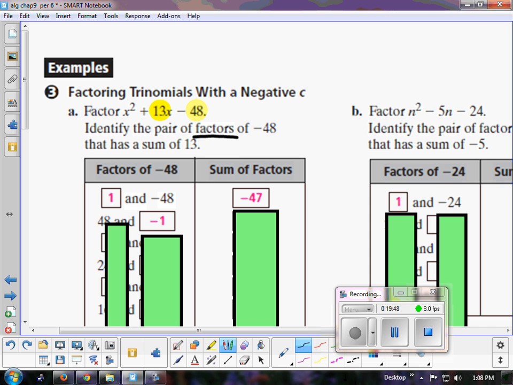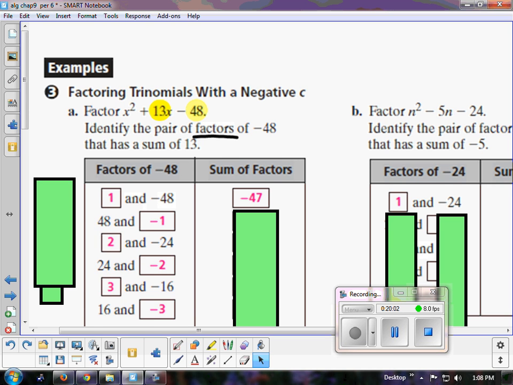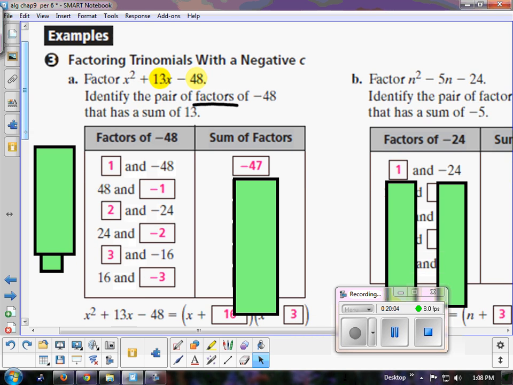Well, I'm thinking 6 times 8 is 48, but does that add up to 13? Well, you have your calculator out and you do it quick, or you do it in your head. No, that's 14. They have 1 and 48, so let's show you what they did. They experimented. They got all these factors. Do you have to do this every time? No. If you can figure it out right away, you're in good shape, but you might have to do this every time.